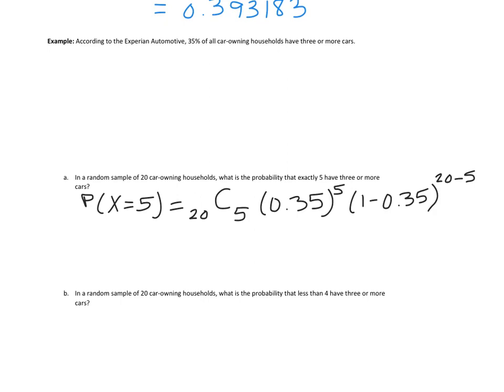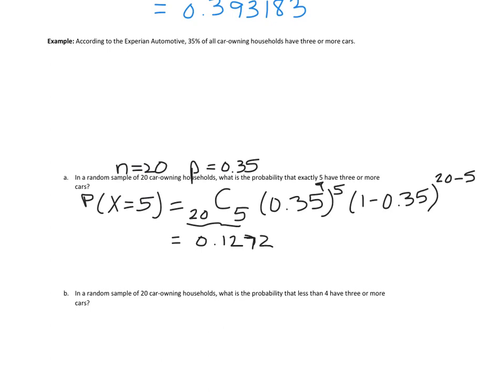All right, so again, n is 20 for this example, P is 0.35, and x is 5. Okay, so if we put this into our calculator, you could do it in steps. You could do this first, for instance. But we're going to get 0.1272. We'll go 4 decimals out.